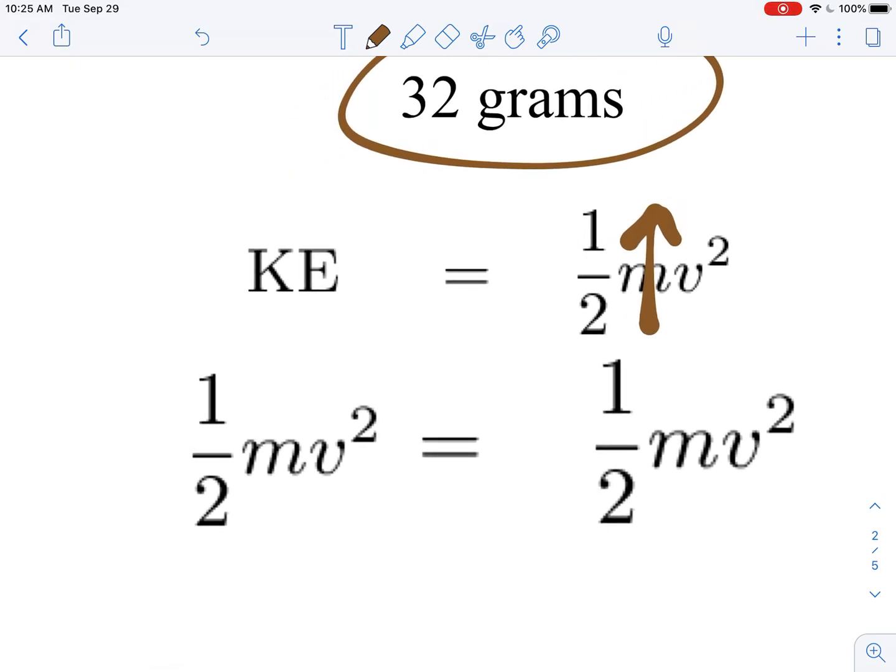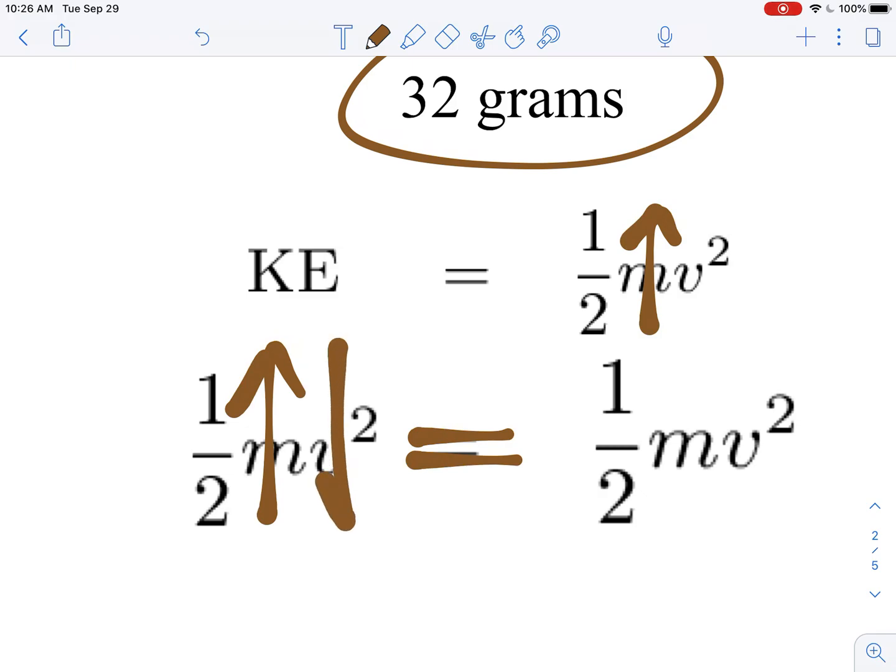So what does that mean then? If the mass is going up, but the kinetic energy has to stay equal, that means in order to compensate for the mass going up, the velocity has to have a commensurate decrease in the speed of the particles. So if you've got a big mass, you're going to have a small velocity.